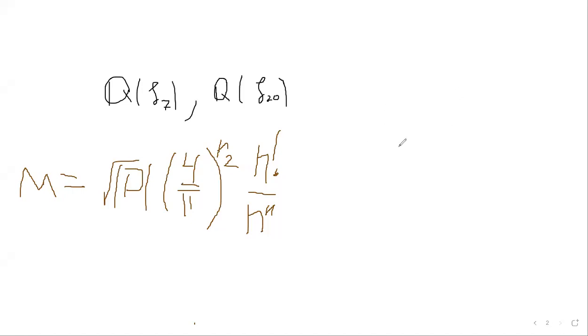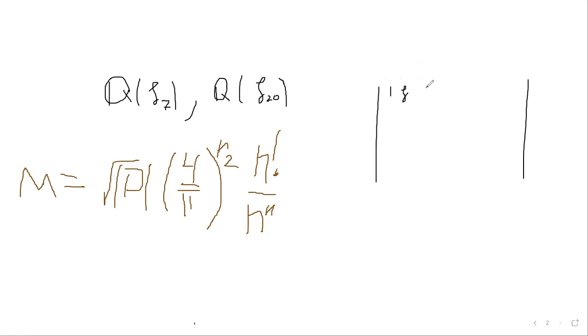So we know that there is a basis of the extension, which is all these elements. So what is the basis? Powers of zeta.